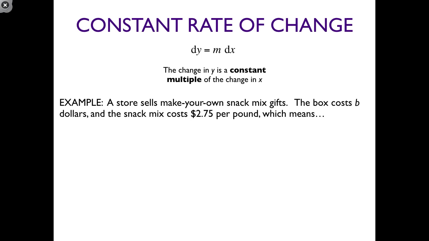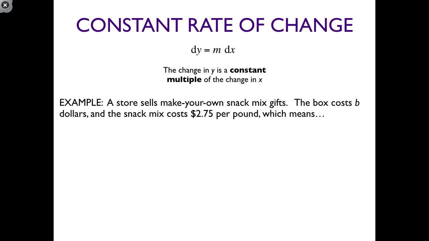For any incremental change in snack mix, your price changes at a rate of 2.75 times that change. Okay, that sounds good. So don't be afraid to use the word pounds in there because, yeah, I know you don't want to say necessarily just per pound, but for any incremental change, you said, in the amount of snack mix bought, you can say measured in pounds.